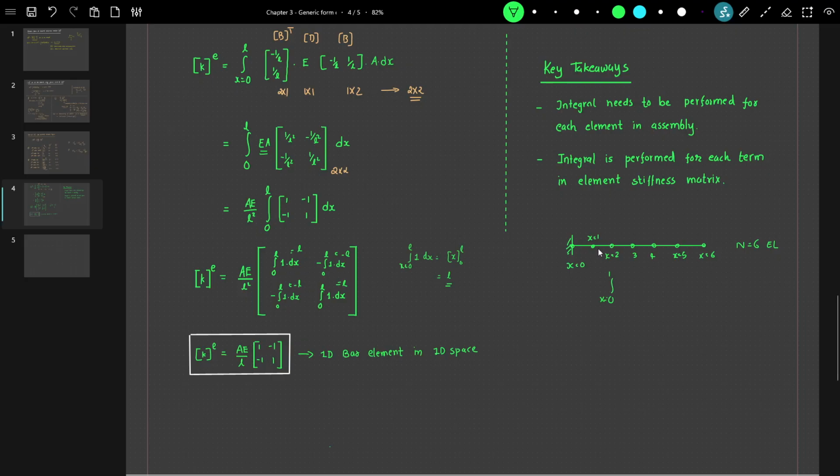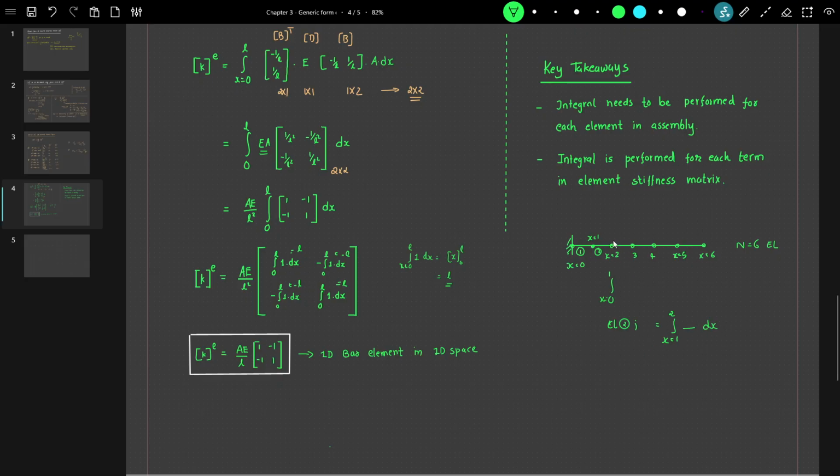Then let's say this is element 1, this is element 2. To find the element stiffness matrix for element 2, we need to perform integration from x equal to 1 to 2, dx.